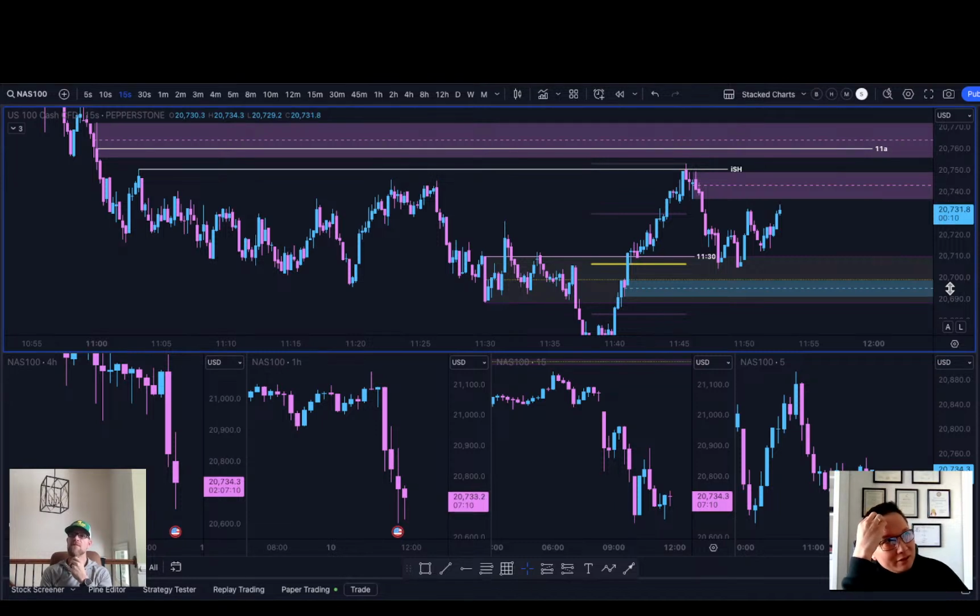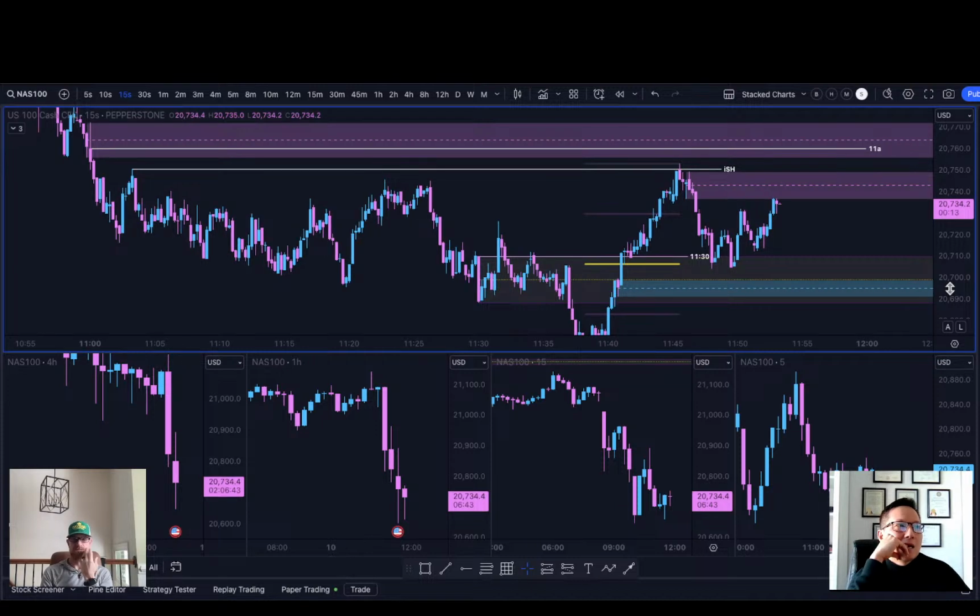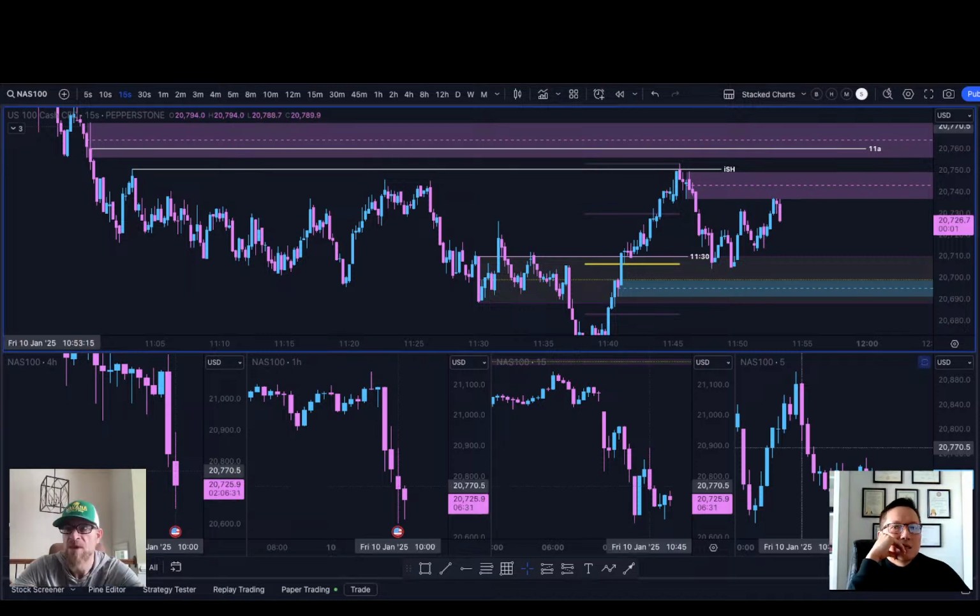Question is, what's the likely target before noon? Is it up or down? Well, if we come up and take out that 5-minute high, and we kind of created a 5-minute overblock. I see this little guy right here.